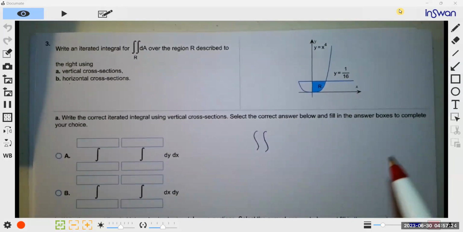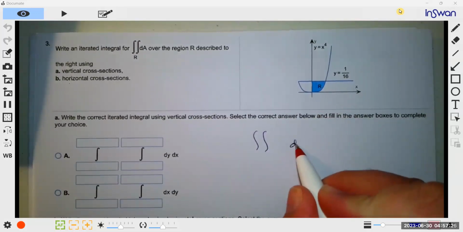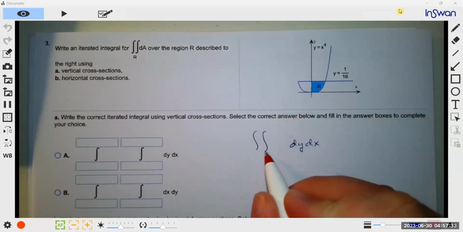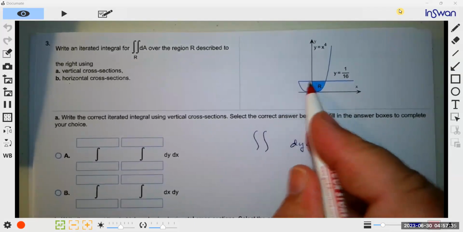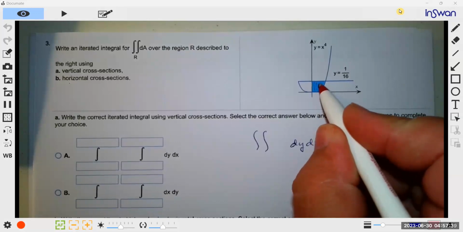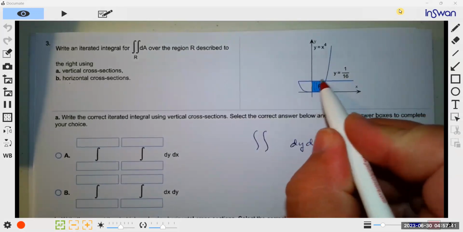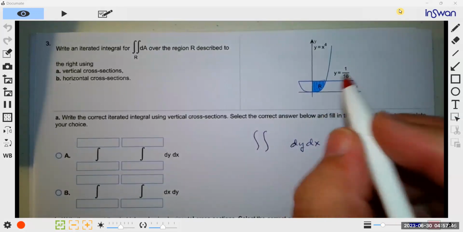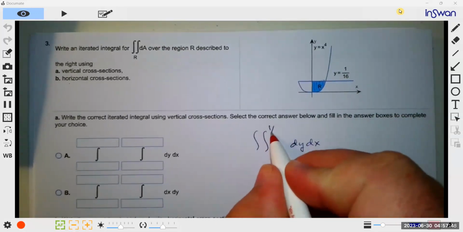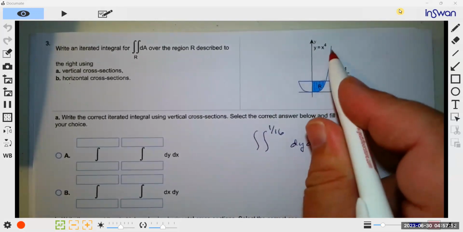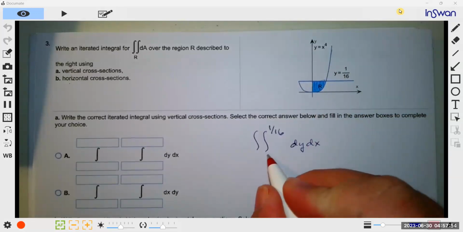All right, so since we're going up and down, we're doing dy dx. Now, for the first bound, we look at the functions themselves. Since we're doing vertically, we do the highest minus the lowest. So the highest is 1/16, and the lowest is this curve, x to the 4th.